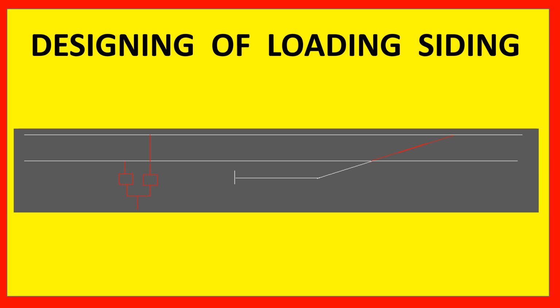After that, two interrupters will provide a circuit breaker in the common portion. Output of the two interrupters will provide a circuit breaker, because nowadays, not to disturb the main line, we are providing circuit breaker. If any fault is there in the siding line, the circuit breaker will trip and not disturb the main line.